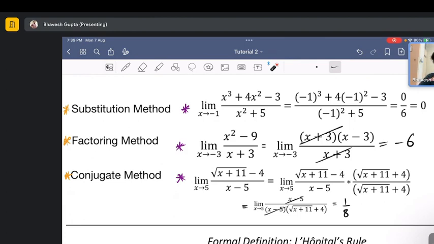I will cancel out those sources of zeros, because of those factors you might be getting the 0 by 0 form. And if you just cancel them out, you will get your finite answer. So the factorization method basically tells you there might be such factors, and those are redundant factors.